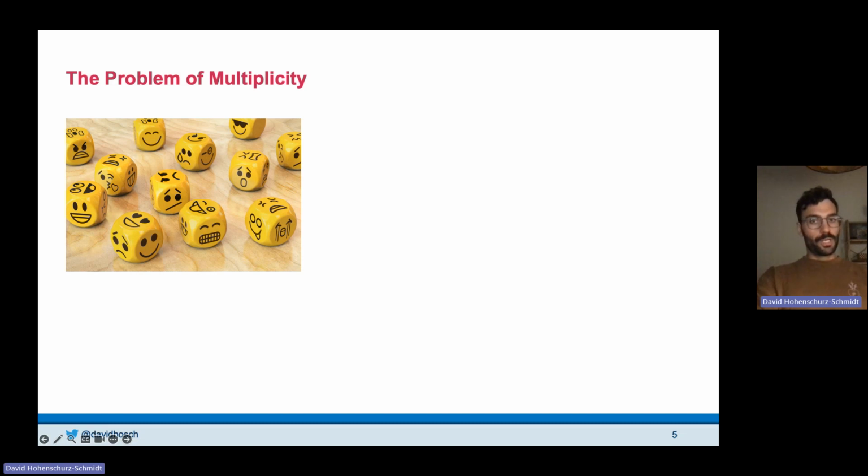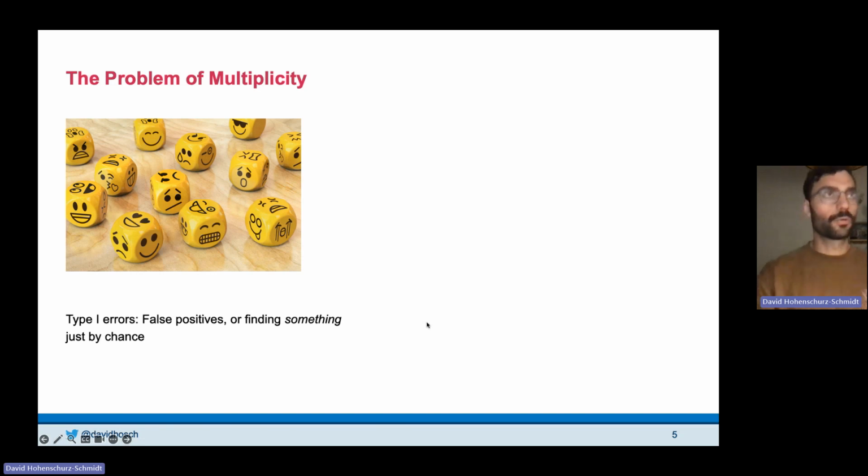Researchers therefore need to be careful not to test too many things in order to avoid false discoveries. And these false discoveries are called type 1 errors, also called false positive findings. They look like a real finding, could be a 6 or it is a 6, but they are a product of chance because we tested too many times. Yes, it's a 6, but it's a 6 after 10 tries.